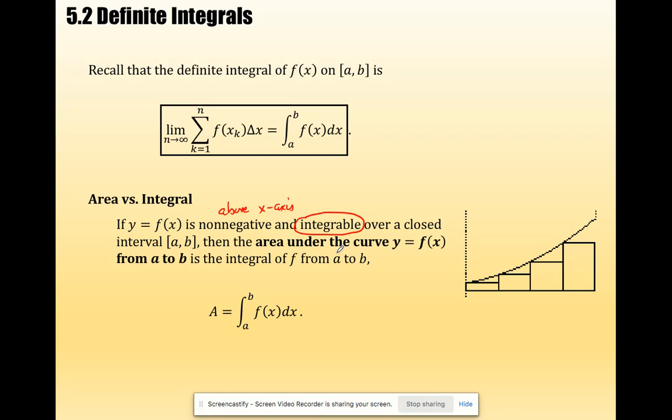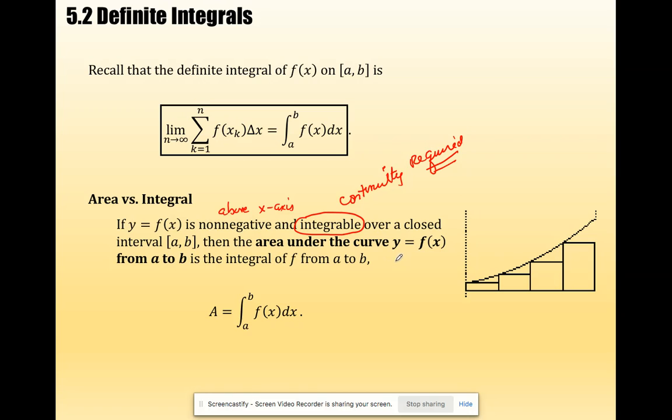Integrable, think differentiable, right? When do we have differentiability issues? We had differentiability issues when we had a discontinuity, when we had a corner or we had a cusp. In order to integrate, the only thing I need is continuity. Continuity is required. But I don't care about corners and cusps and anything like that.